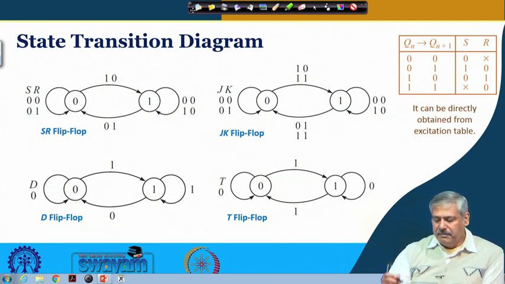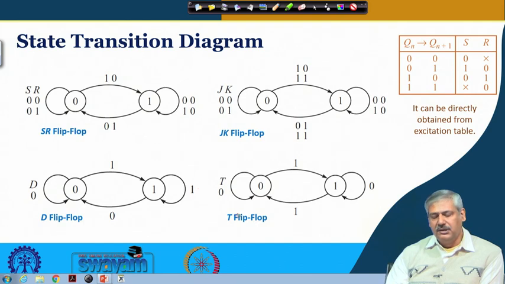And for the toggle flip flop, if it receives 0, it will stay at 0, and if it receives 1, it will toggle and go to 1. If at 1 it receives 0, it will stay at 1, and if it receives 1, it will toggle and go to 0. This is another form of representation.